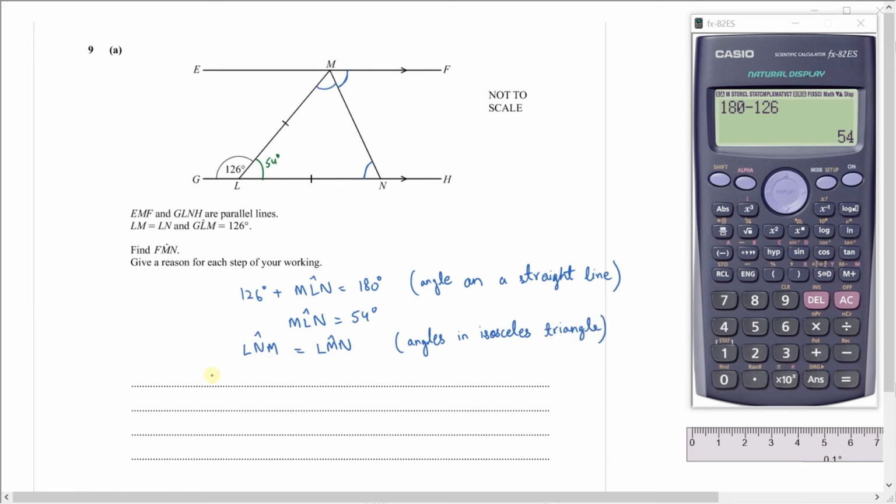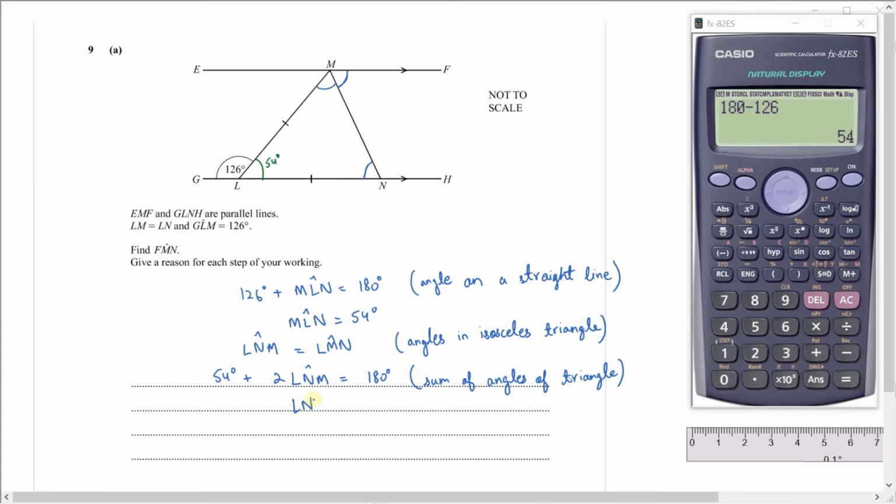So we can say that 54 degrees plus 2 times angle LMN, because this is LMN and this is also equal to LMN, so I'm taking 2 times LMN, should equal 180 degrees, because the sum of angles of a triangle is 180.